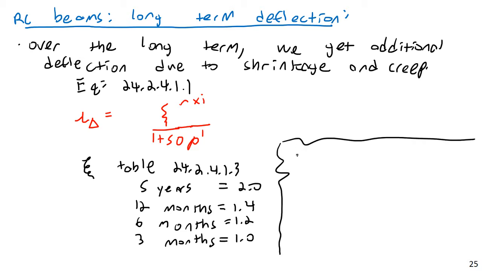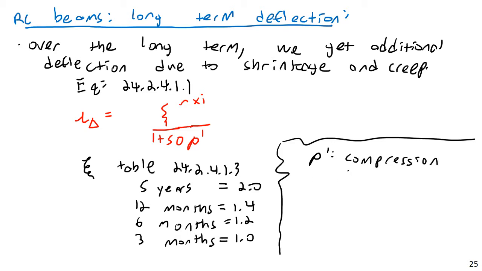And then rho prime is going to be your compression steel ratio. Oftentimes this will just be 0, but depending whether you have it or not, rho prime is the compression steel ratio. This is only if you have a doubly reinforced beam, something with both tension and compression reinforcement.